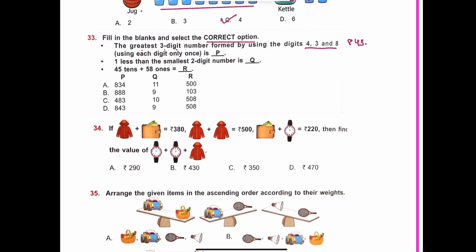So 843 is in option D. But let's verify the other statements also. 1 less than the smallest 2-digit number is 10 minus 1, 9. So this is correct. 45 tens plus 58 ones is equal to 508. So it is also correct.